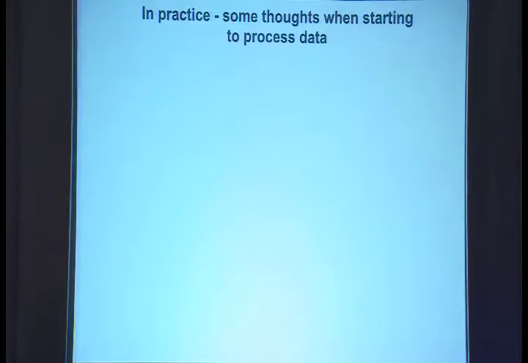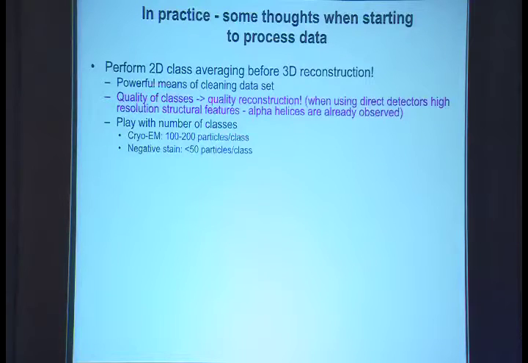So in practice, some thoughts on what one should do when you start processing data. Always do 2D class averaging before you do reconstruction. This is a powerful means of cleaning the data set. The quality of the classes directly tells how good your reconstruction is going to be.